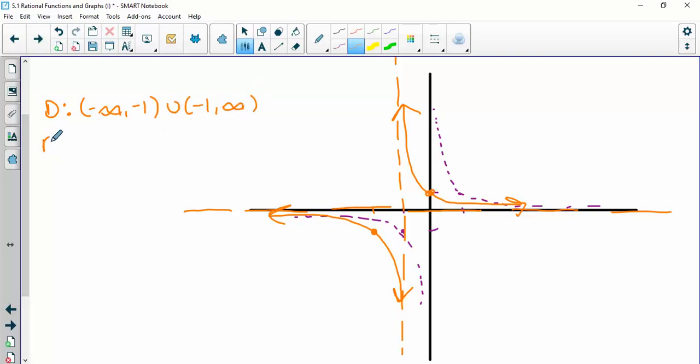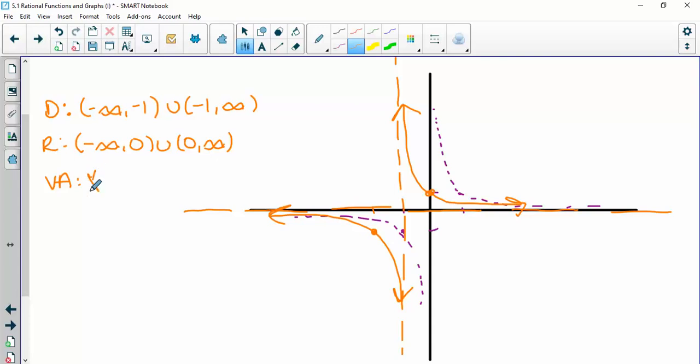What's my range? Alright. Vertical asymptote. What is it? -1.